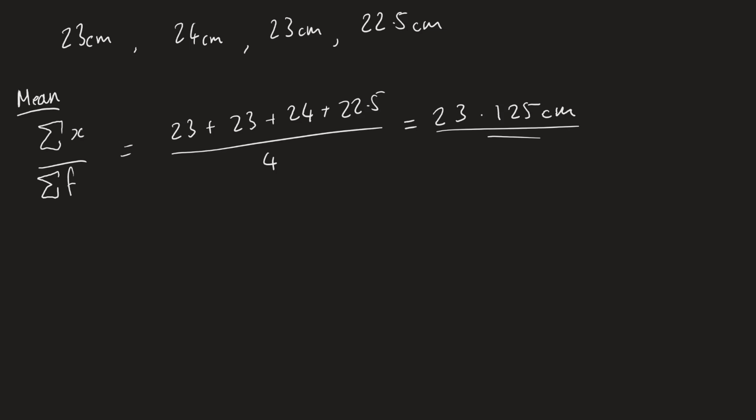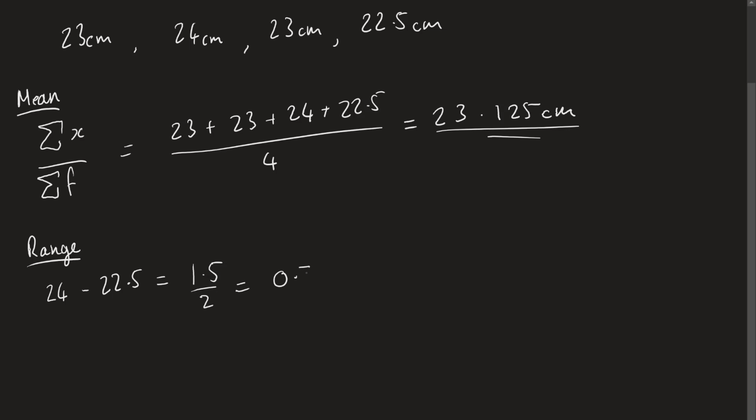Okay, so if we say the range is actually, we take our biggest value minus the smallest value, so our biggest value is 24 minus 22.5, we get an overall range of 1.5, and then if we half that, we get 0.75.